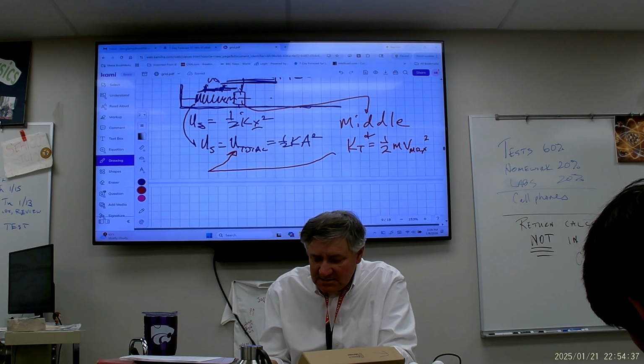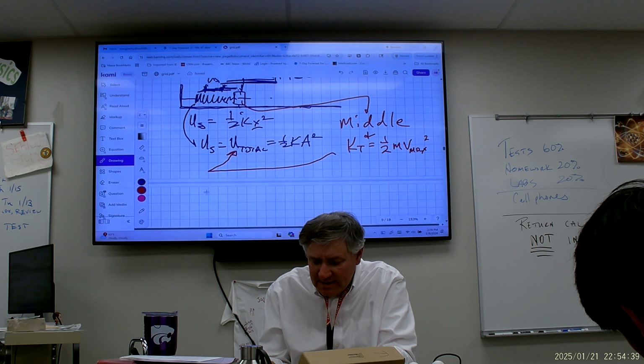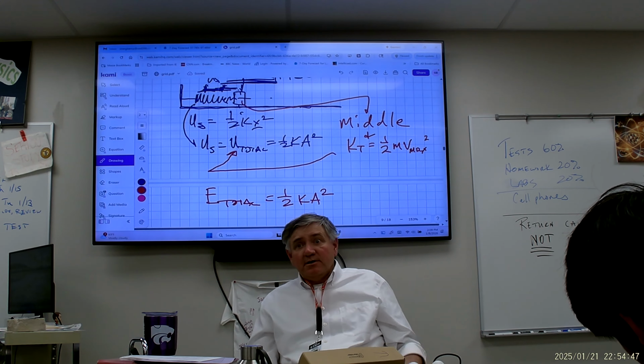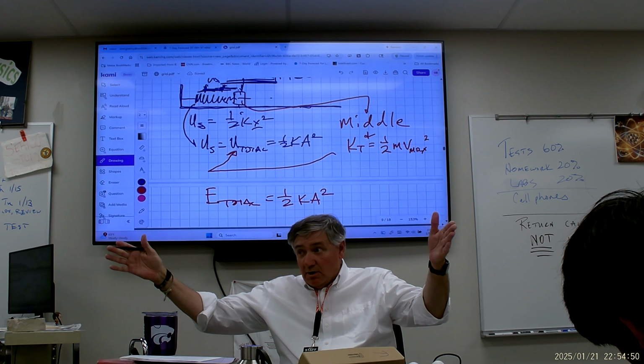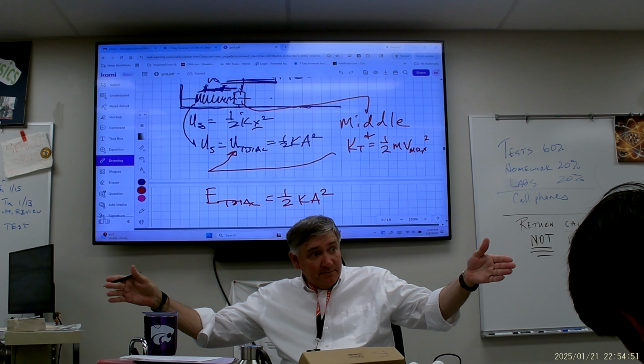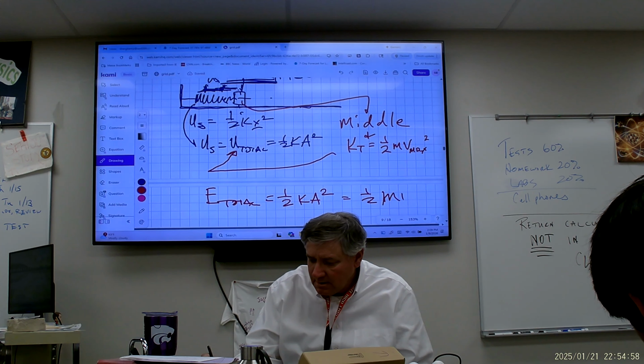So what that means is that the total energy could equal 1/2 kA squared, because if I'm on the extremes, it's all Us. That could also equal 1/2 m v max squared.